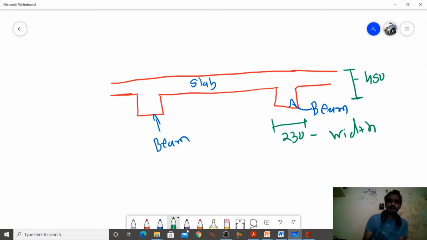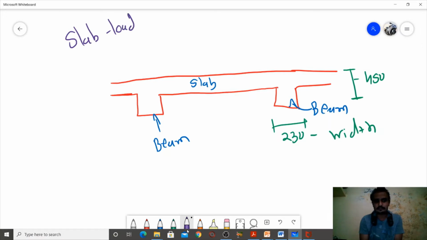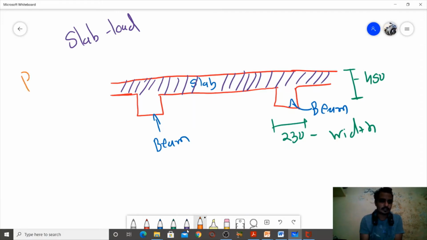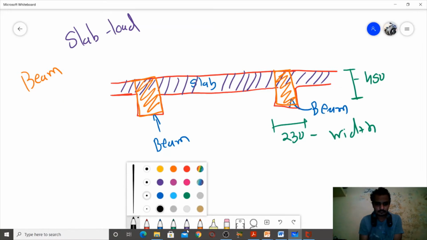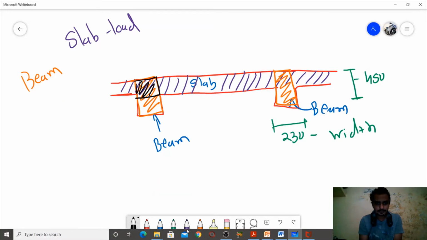We already calculated the slab load here, and right now we calculate the beam load. 230 by 450 is the size of this beam. So we have to subtract this portion.